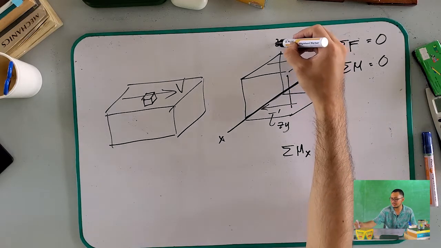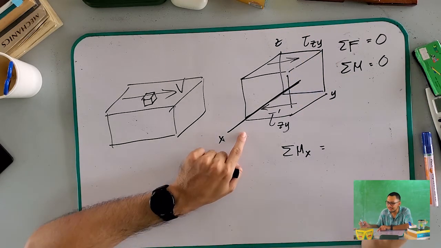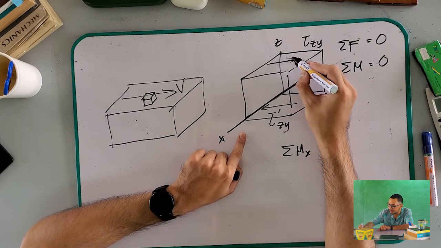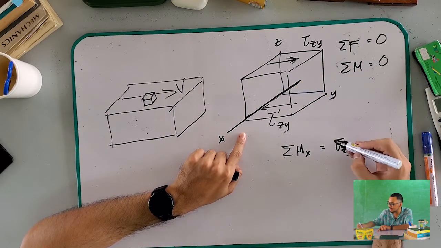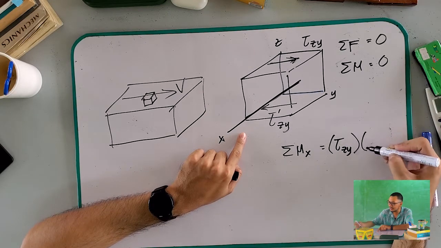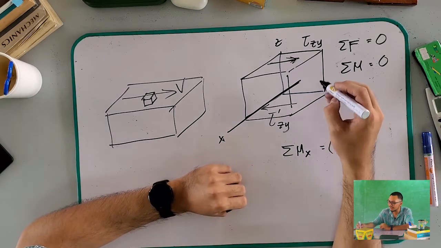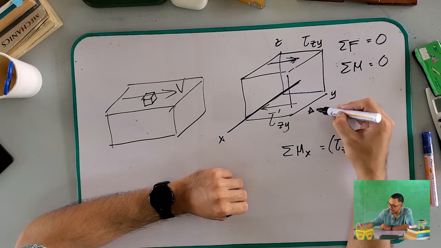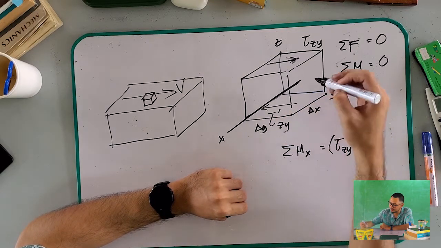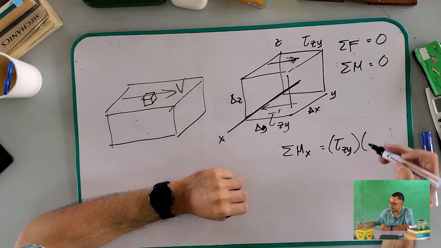Y-axis ni, z-axis ni. Summation of moment at x. Natay force dere, which is tau, ay stress dahil na siya, tau zy times ang area. Let's assume that the area of this cube is delta x, delta y, and delta z.